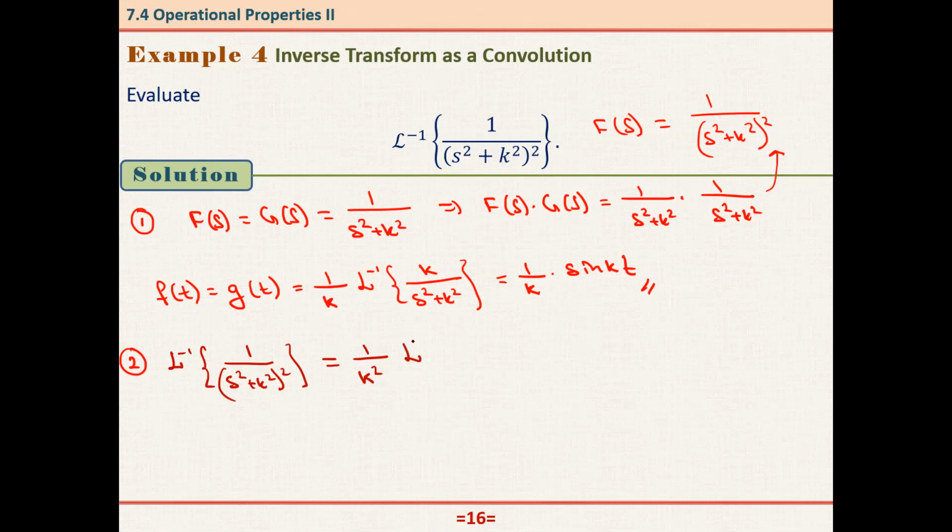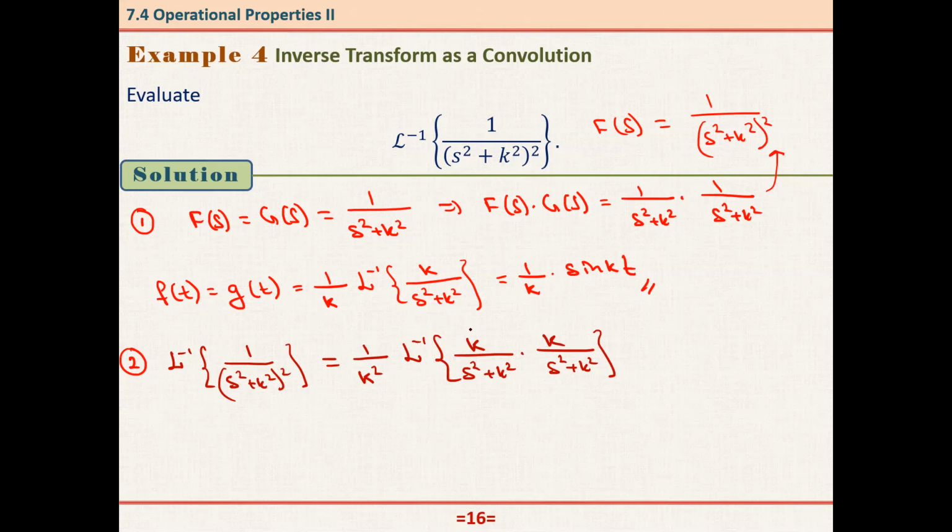Here we have the inverse Laplace of k over s squared plus k squared times k over s squared plus k squared. If you multiply them together, we have k squared over s squared plus k squared, squared. The k squared cancel each other, because k times k is equal to this.